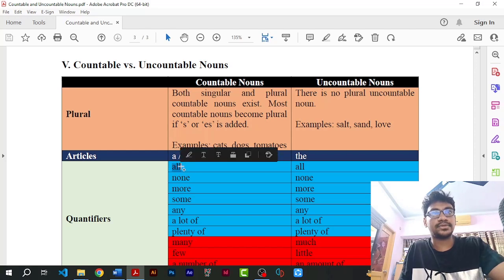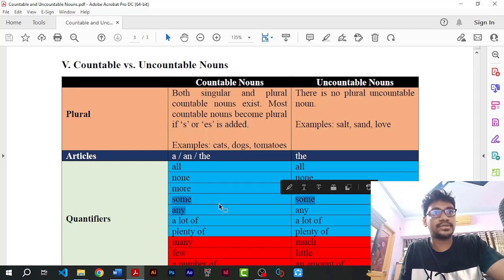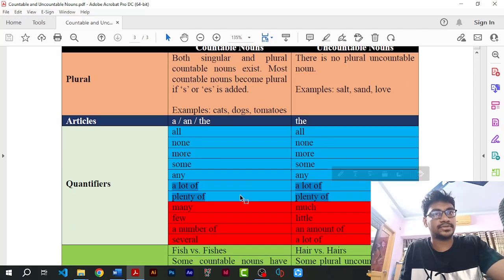So both for countable and uncountable nouns, the word all can be used. Same as none. You can say none of the fear was felt by him, or none of the bananas were left uneaten. More, you can use for both. Some, any, a lot of, and plenty of, you can use for both.